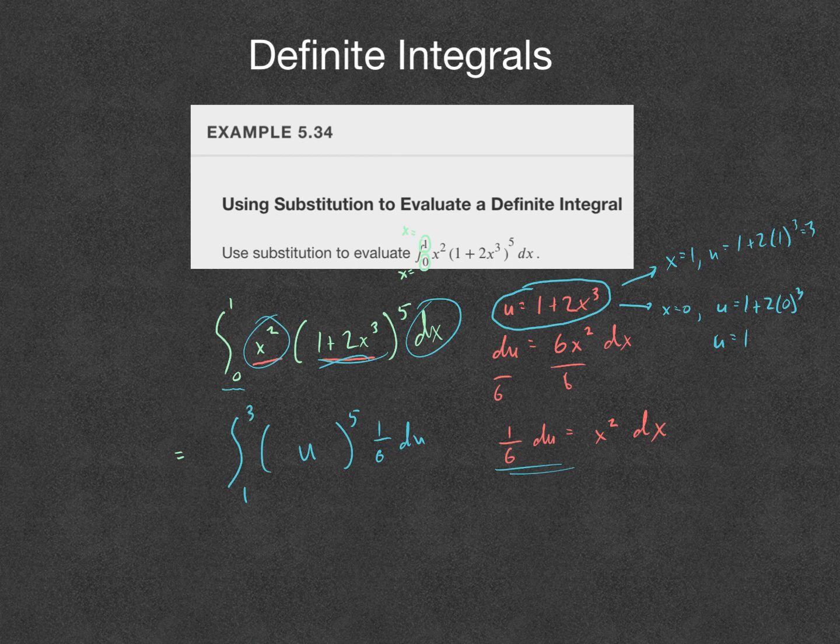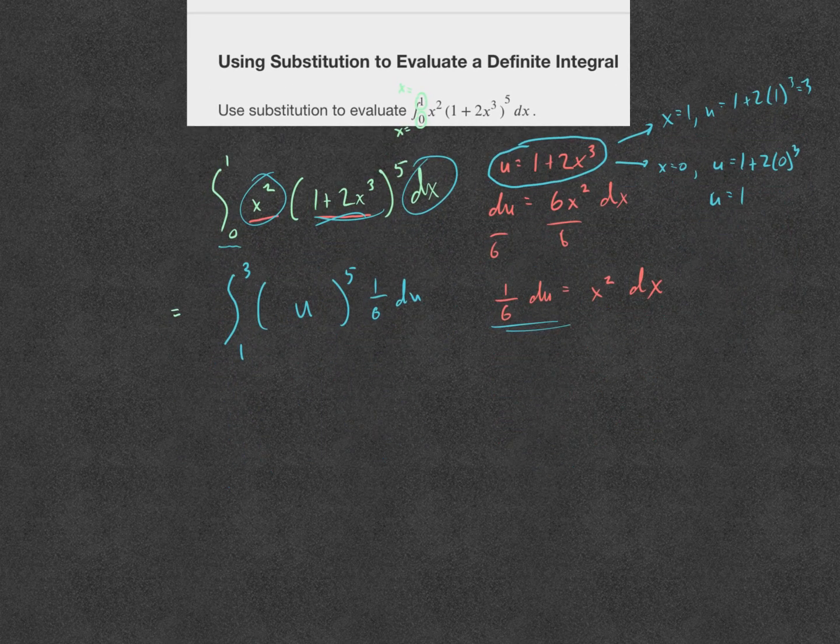And now we can just do this the same way we've done other definite integrals and say that this is u to the 6th over 6 times that 1/6, although I could have factored it out at the beginning, but I'll leave it right where it is, evaluated over the bounds from 1 up to 3.